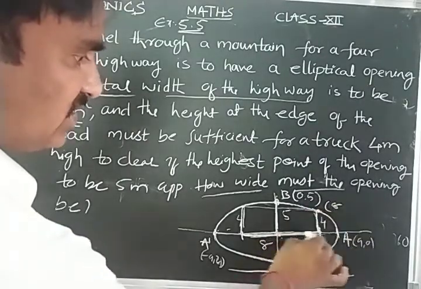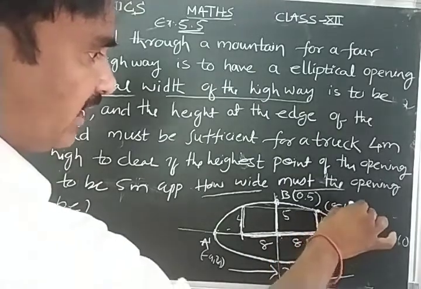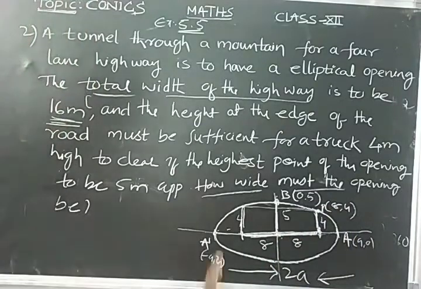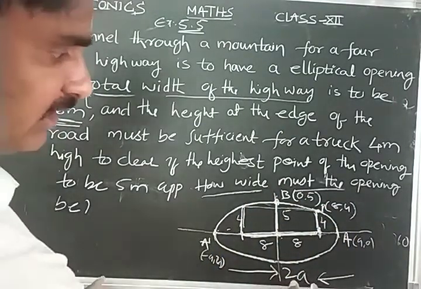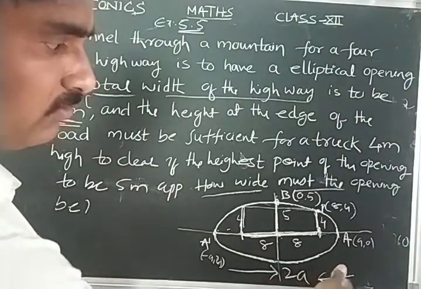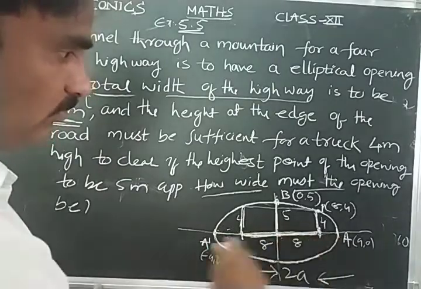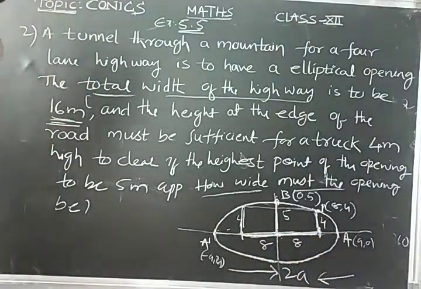X coordinate 8, this distance, and this distance 4, so 8 comma 4. So I have one point on the ellipse also. Now this is the diagram according to the question. Now I am going to find the a value. After getting the a value, I will take twice of a, and automatically you will get the width of the tunnel at the opening. Okay.